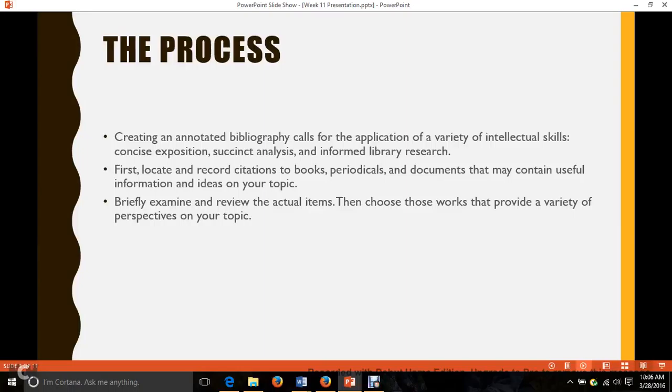But you're looking at finding source material that is a variety of perspectives and variety of formats. Also keep in mind that the final essay does require you to have at least one source that applies to a misconception or the opposition of your argument. Then you're going to briefly examine and review the actual sources that you have. So you're going to choose those works that provide a variety of perspectives about your topic.